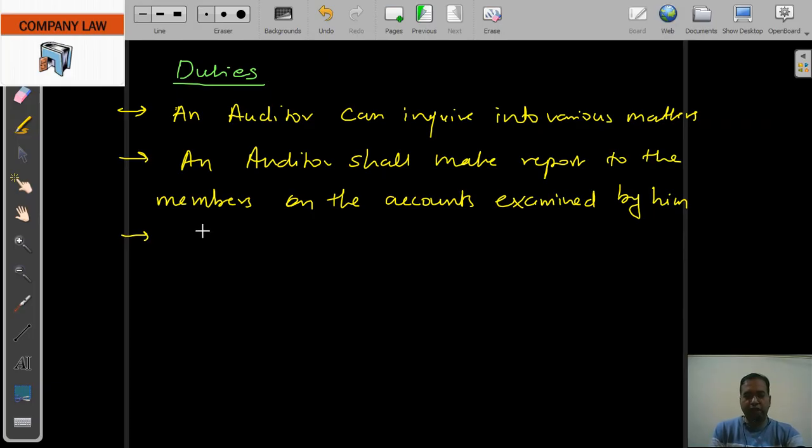Then the auditor, while making the report, shall take into account the provisions of the Act, accounting and auditing standards. He has to comply with the accounting and auditing standards.